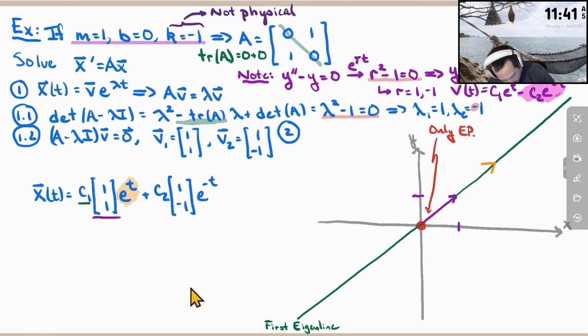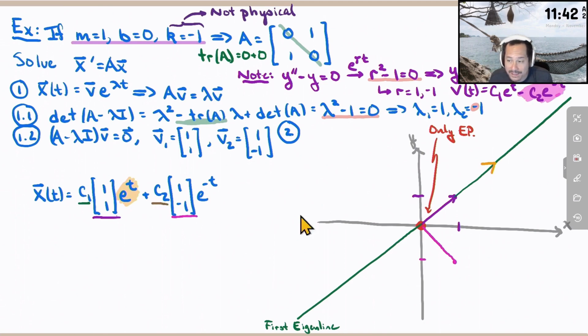Now, I come over to this second eigenvector, which is 1, negative 1. So it's a vector right here. I'm going to eliminate its arrows. So there's my second eigenvector, but now C2 is a multiplier to that second eigenvector, so I'm going to color that in brown.